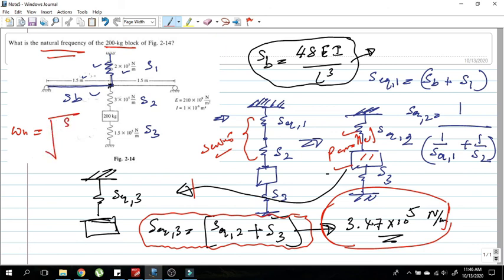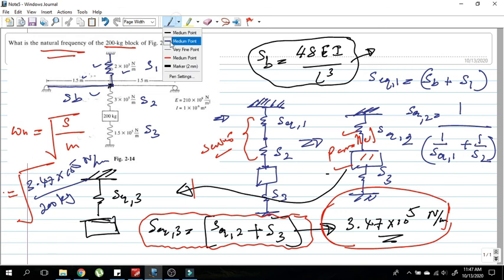Natural frequency equals the square root of the stiffness of the system divided by its mass. Here the stiffness we just calculated is 3.47 times 10 to the power of 5, and the mass is 200 kilograms. Then the natural frequency of the system is 41.6 radians per second.